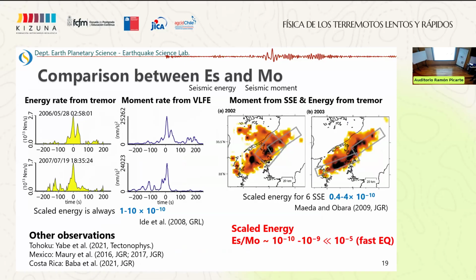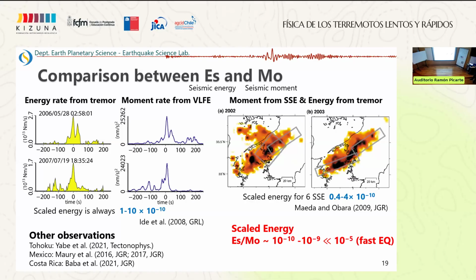So we can measure energy from seismic waves using seismic records. This is an estimate of seismic energy from tremor. This is time and energy rate. And this is also the seismic moment rate for the same event. This is a measurement of seismic energy, and this is a measurement of seismic moment.